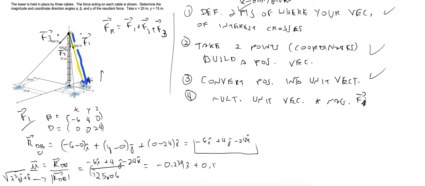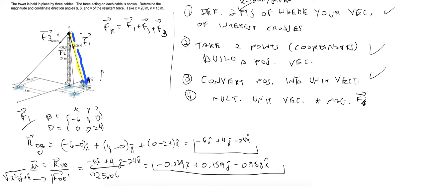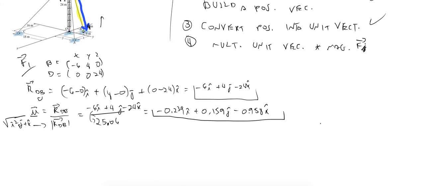0.159 J. Beautiful. Minus 24 divided by 25.06 gives negative 0.958K. Awesome. So we got this unit vector, and what we do in step 4 is multiply it by the magnitude.